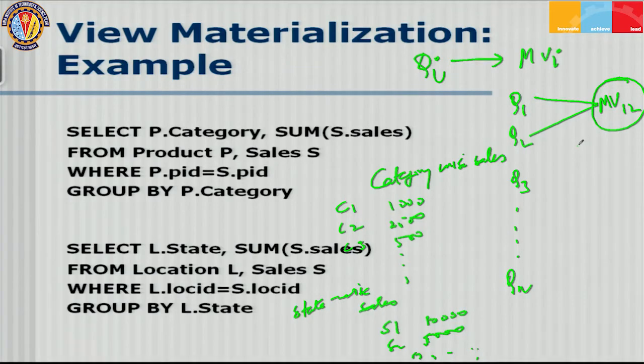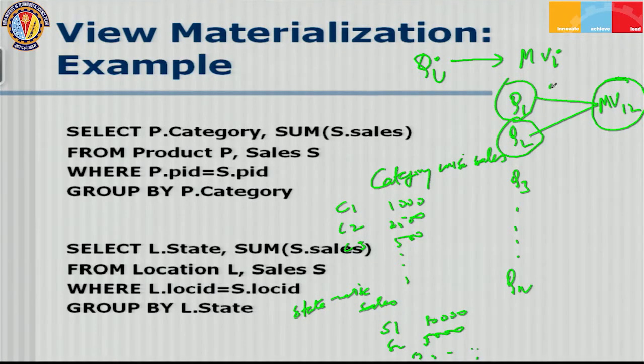It is not that you can have a materialized view which can 100% benefit both Q1 and Q2, meaning that all the work of Q1 is done in this view and Q2 is also done in this, so that the response times are minimized. That is not possible.